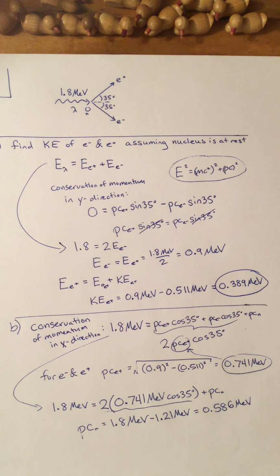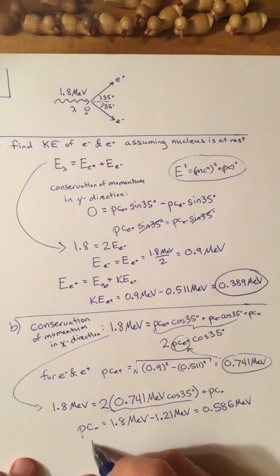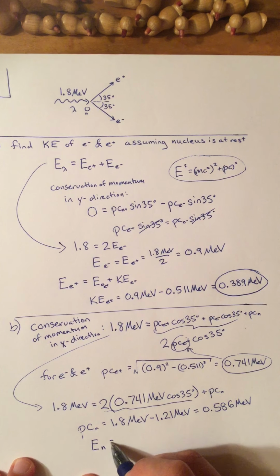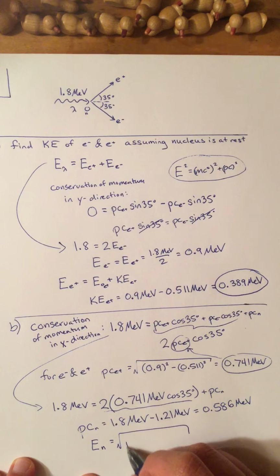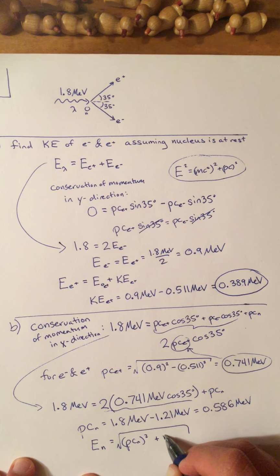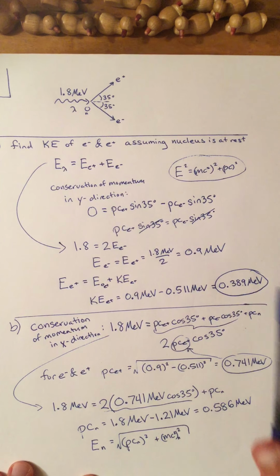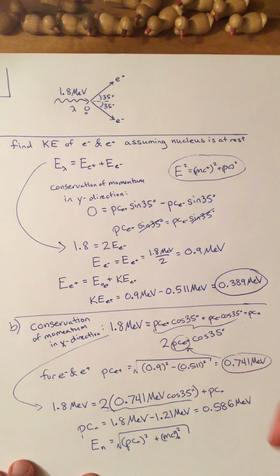But I'm actually trying to find the kinetic energy for the hydrogen nucleus. Well, I can find the total energy by doing En is equal to the square root of (pcn) squared plus (mc squared for n) squared, which is using this equation up here.